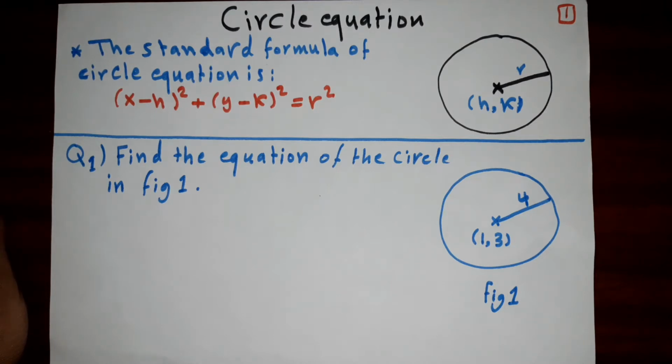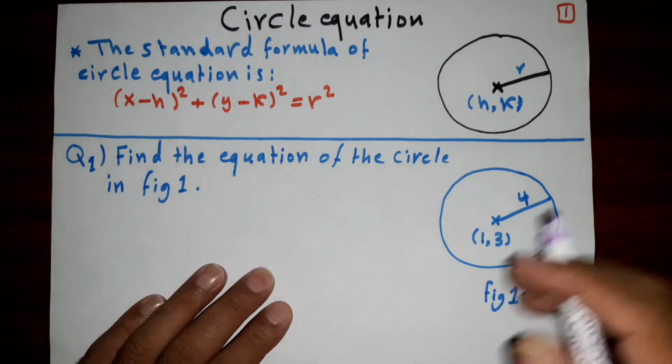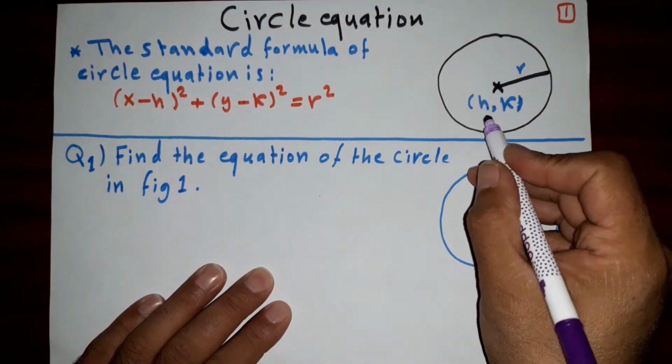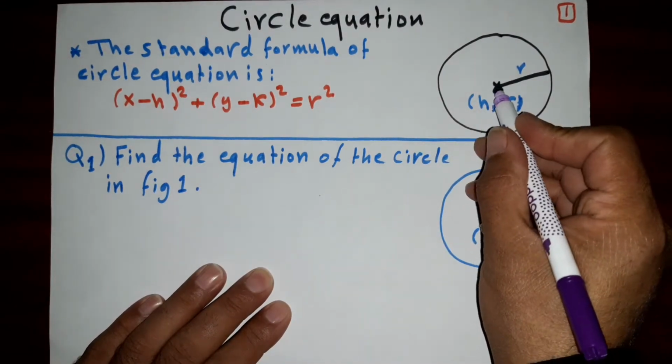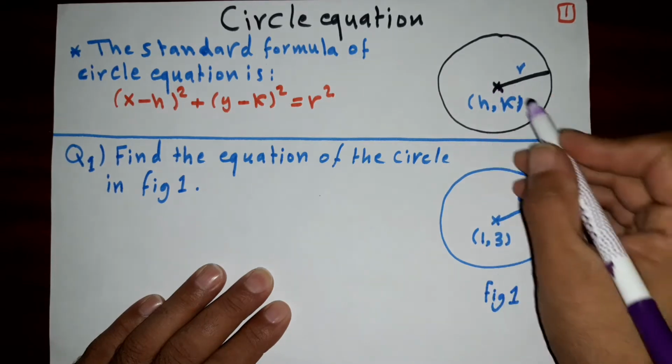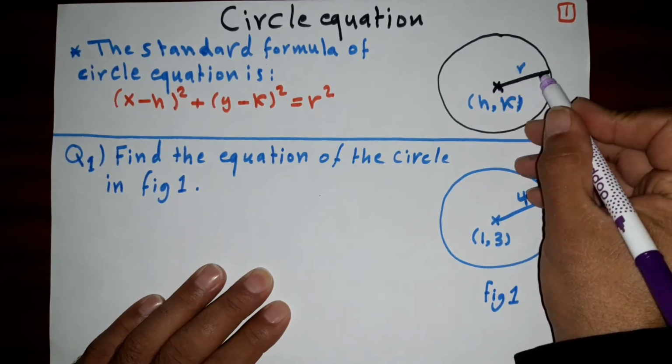First, to find the circle equation, we must have the coordinates of the center of the circle and the length of the radius of the circle.